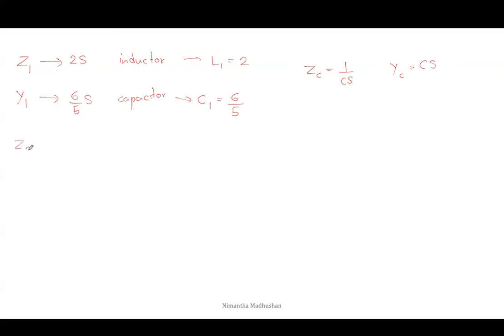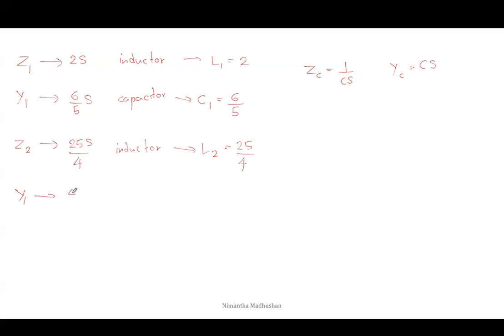And the second impedance value is 25s over 4. It is an inductor. L2 value is 25 over 4. And the last one is the admittance value.